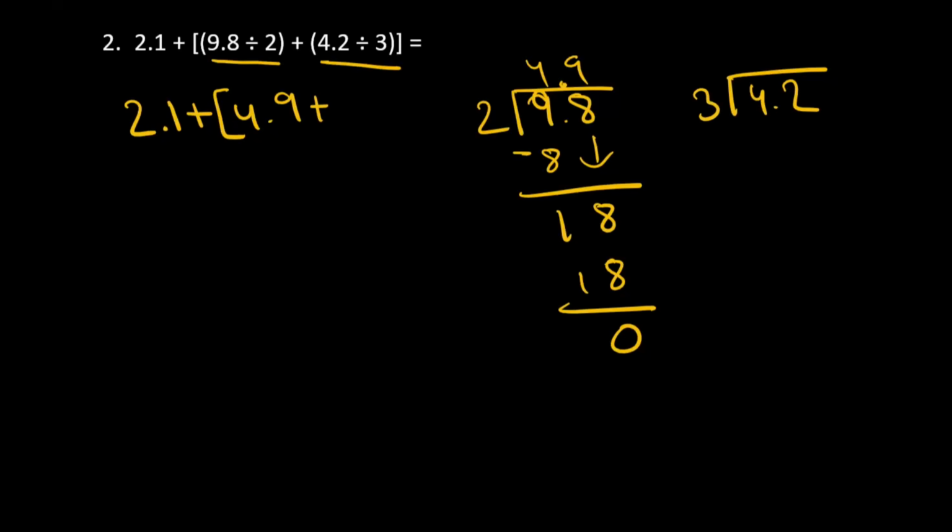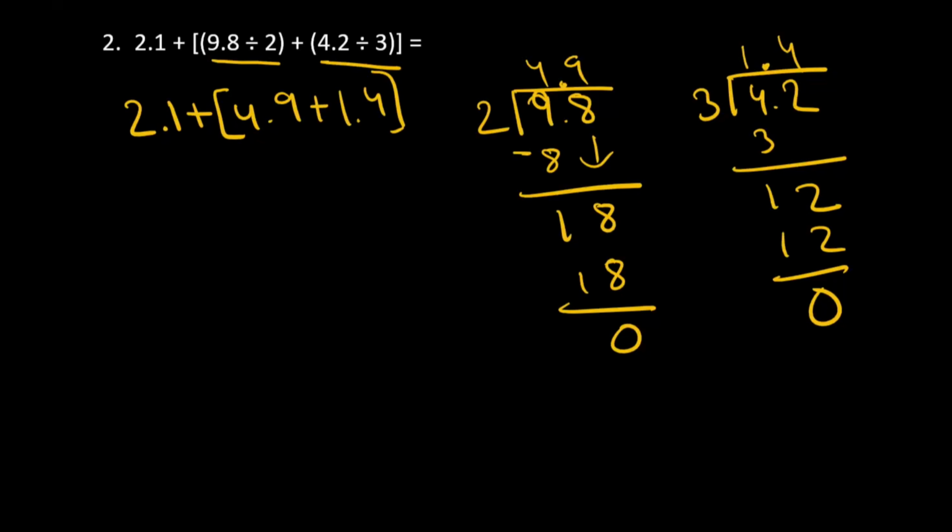So 3 goes into 4 once, and then we put the 12 here, and then 3 goes into 12 4 times with no remainder, and we add the decimal point after 1. So now we'll be left with 2.1 plus in brackets 4.9 plus 1.4.